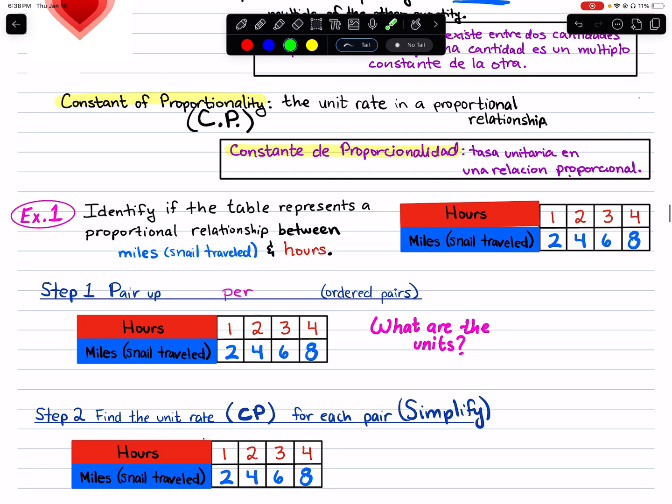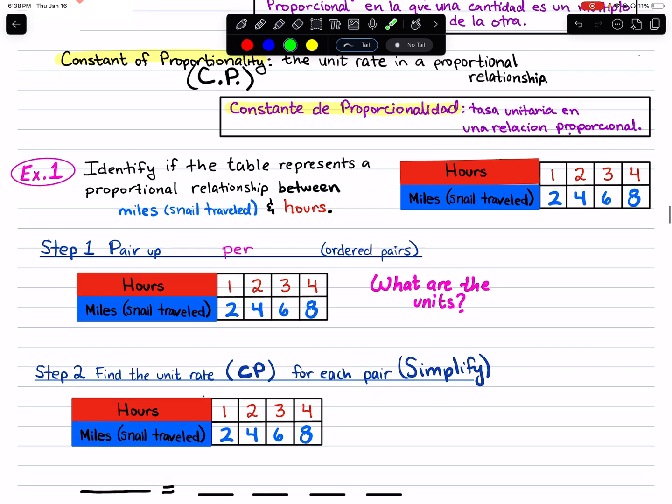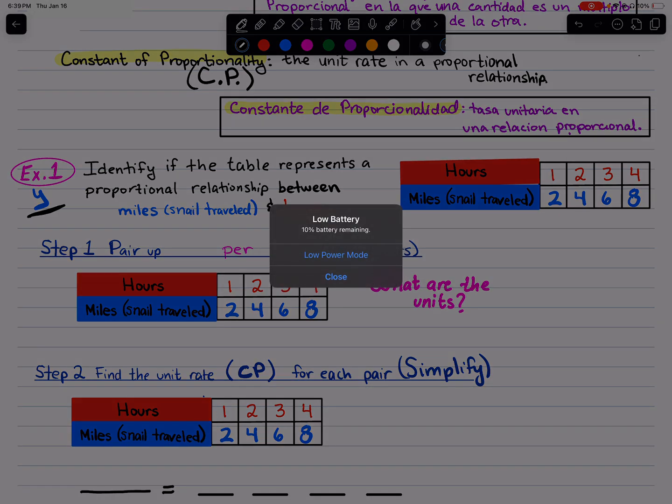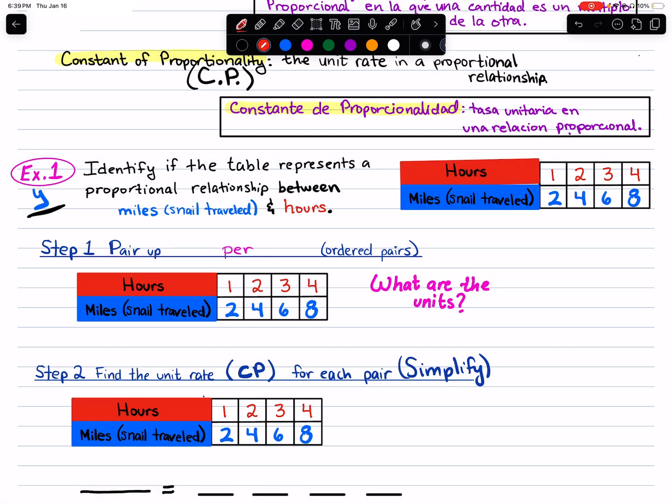Okay, so now that we know that, we need to do division here. Identify if the table represents a proportional relationship between miles and hours. First things first, it should always be y over x. Always.